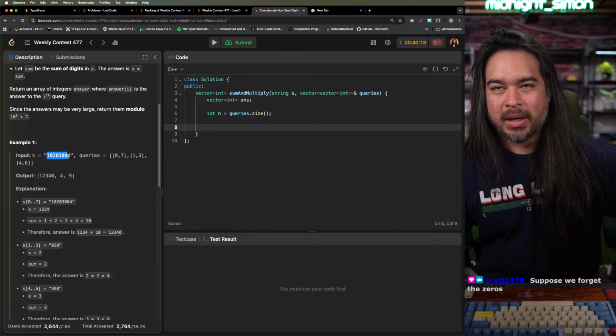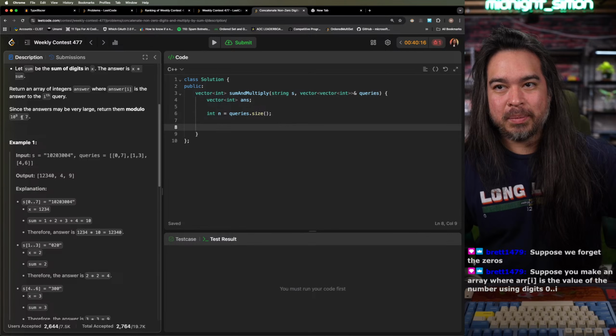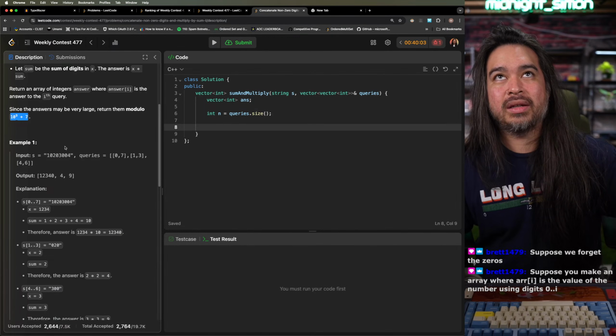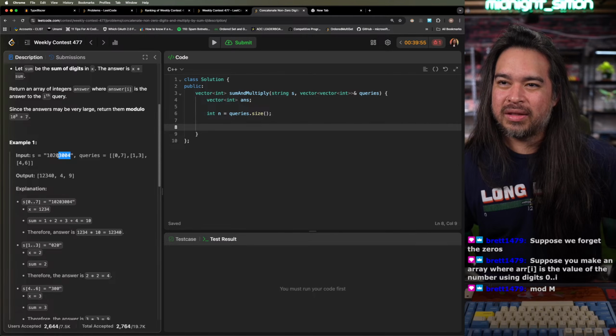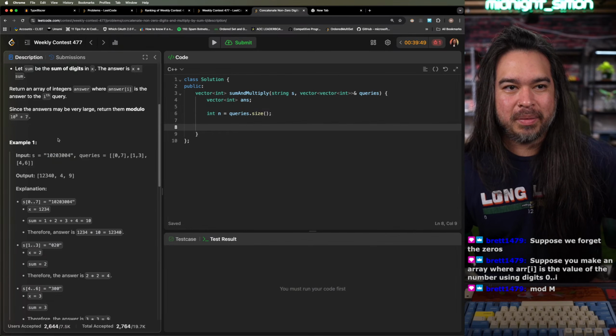I guess you multiply it by 10 and keep modding it by this mod to get the number. And once you have that, then you can divide to get the substring mod. It's like multiplying and dividing. I don't know. Mod M.